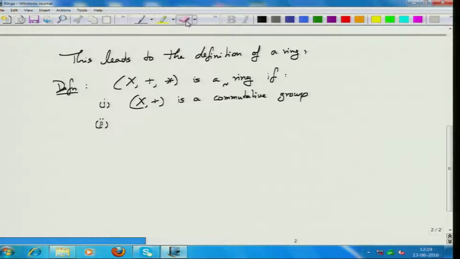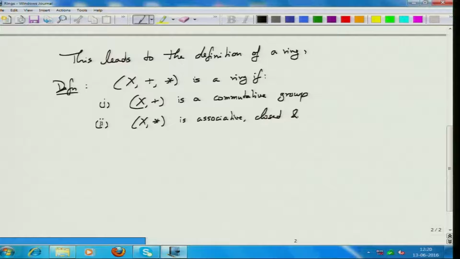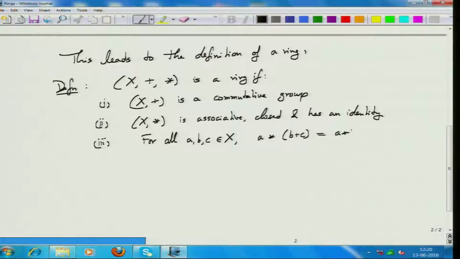Almost exactly the same set of properties that I had listed earlier, with one minor difference, which is that I have removed the commutative property for the multiplication operation.